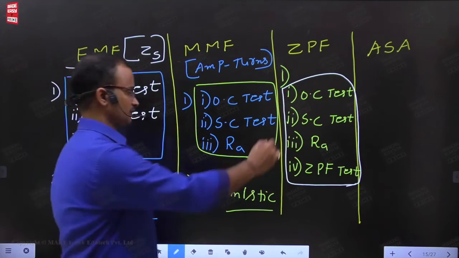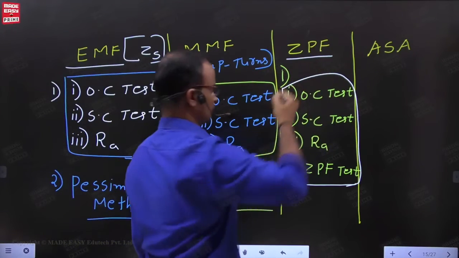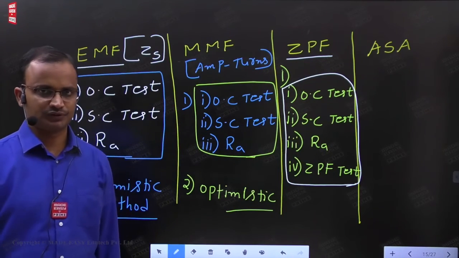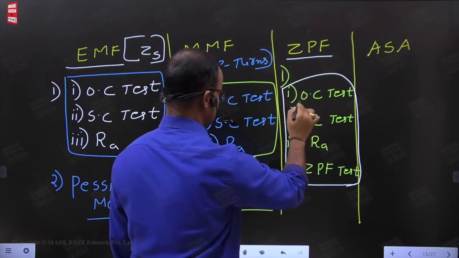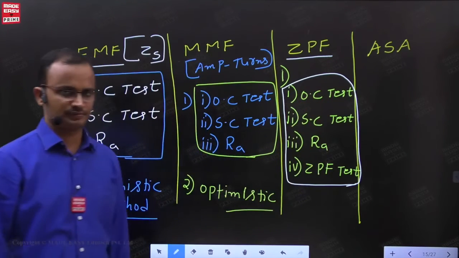ZPF means zero power factor. In the zero power factor method, we need the results of the OC test, SC test, armature resistance test, and ZPF test.